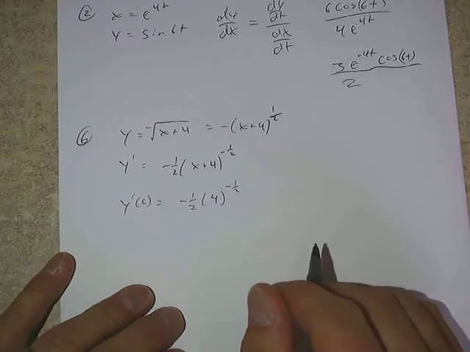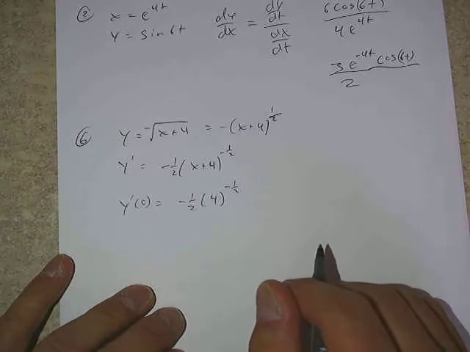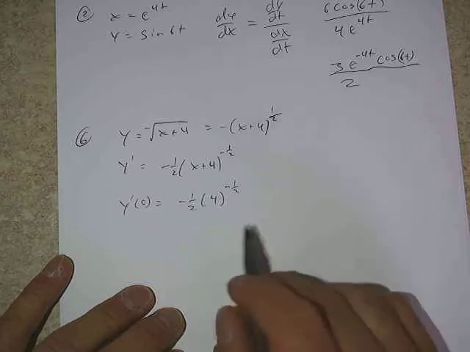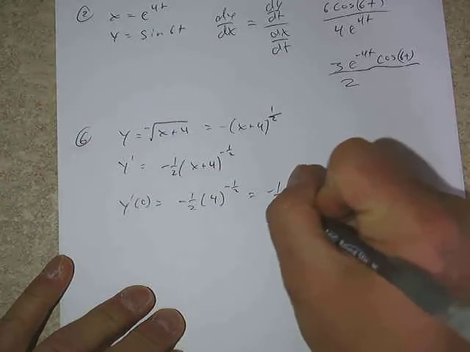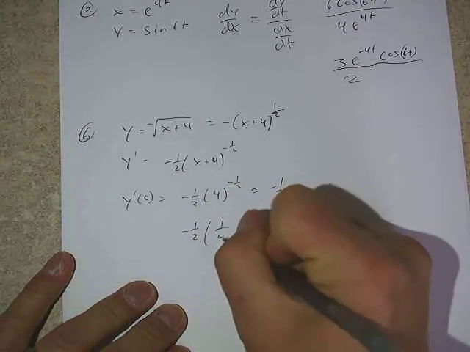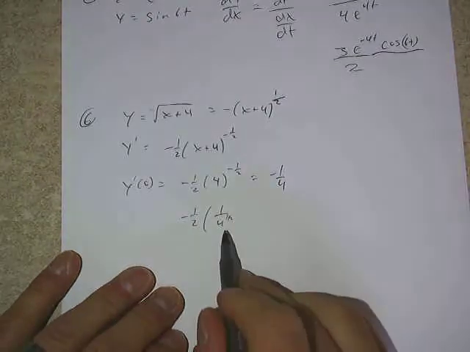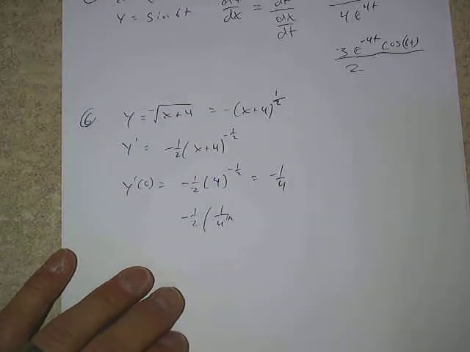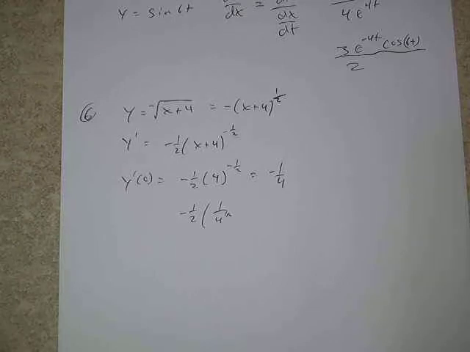Right. And ultimately, if we want to know the slope at 0 here, so y prime at 0, it's going to be negative 1 half times 4 to the negative 1 half. 4 to the negative 1 half is going to be 1 over 4 to the positive half. So in other words, 1 over the square root of 4, that is, would be a half. So it'll be negative 1/4 altogether.